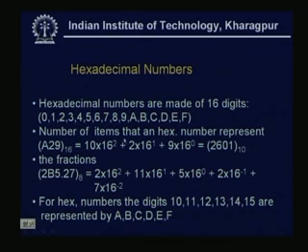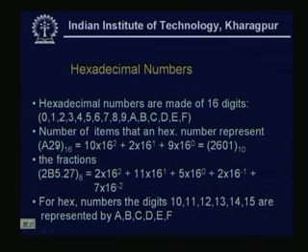So, now the number of items that a hex number represents, this is similar, only here the base is 16. So, I am taking one number A29. Here A means in decimal system 10. So, this is 10 into 16 square, because the place value of A is 2.